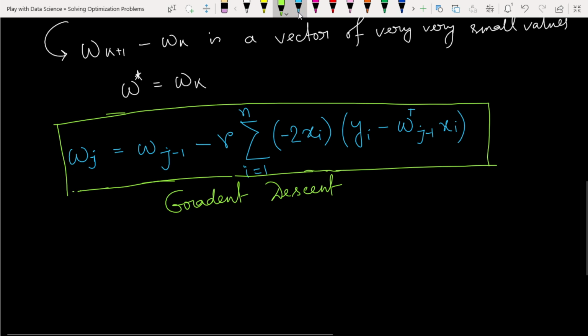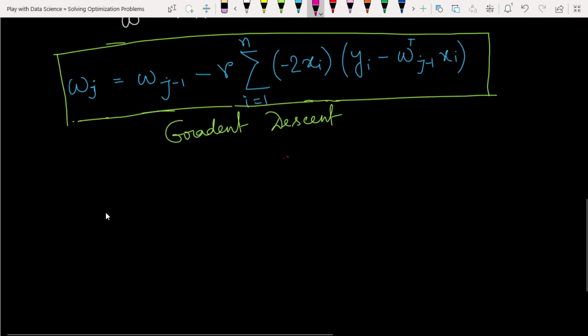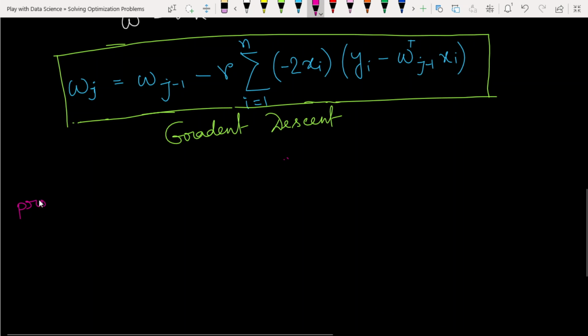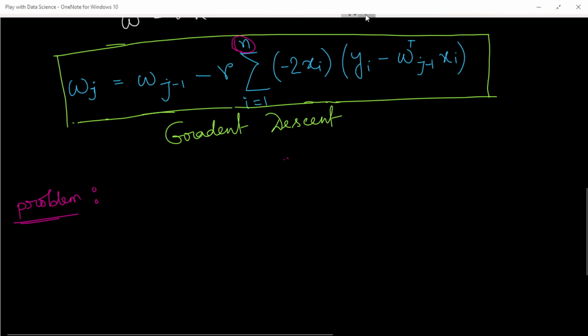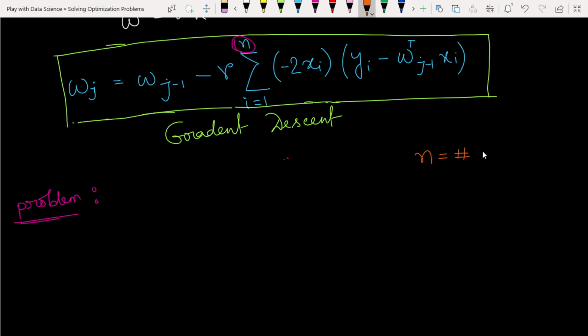But what is the problem here? If you just see this equation, what is the problem? Here n is the number of data points in the training data. In a real scenario, n is a very large number.